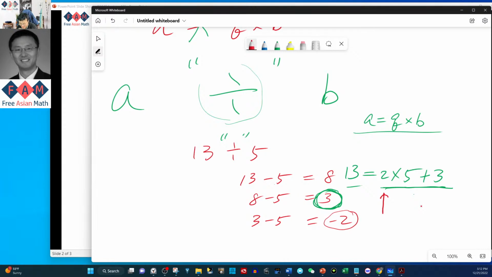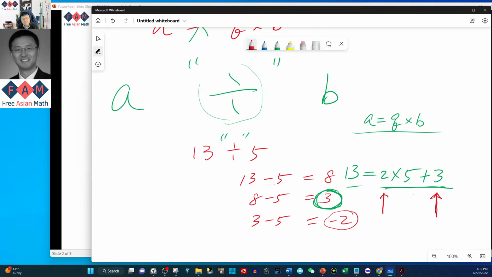And after this, we still have something remaining. But at that point, we cannot proceed. Otherwise, we'll go into the negative territory. So that's exactly what we need.